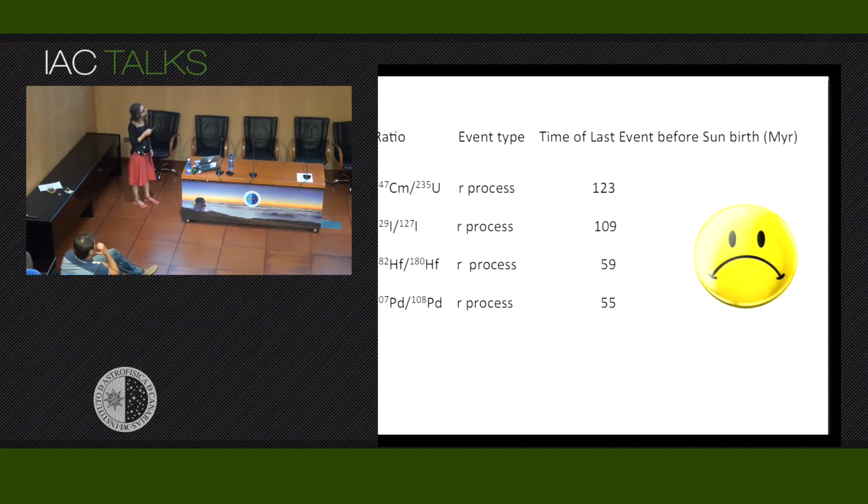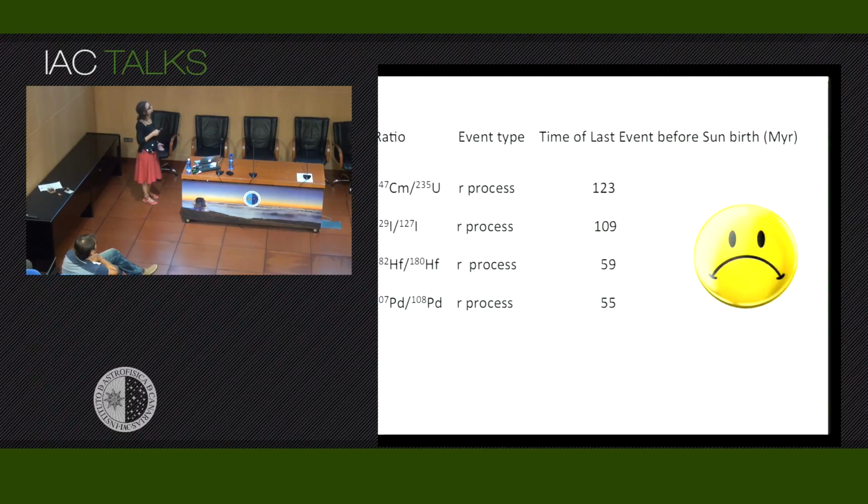If we use iodine-129, it's about 100 million years. Iodine-129 is well known, within 10%. And it is consistent with curium-247, which is definitely an R process nucleus. We don't know it as well in the solar system, but these are consistent.